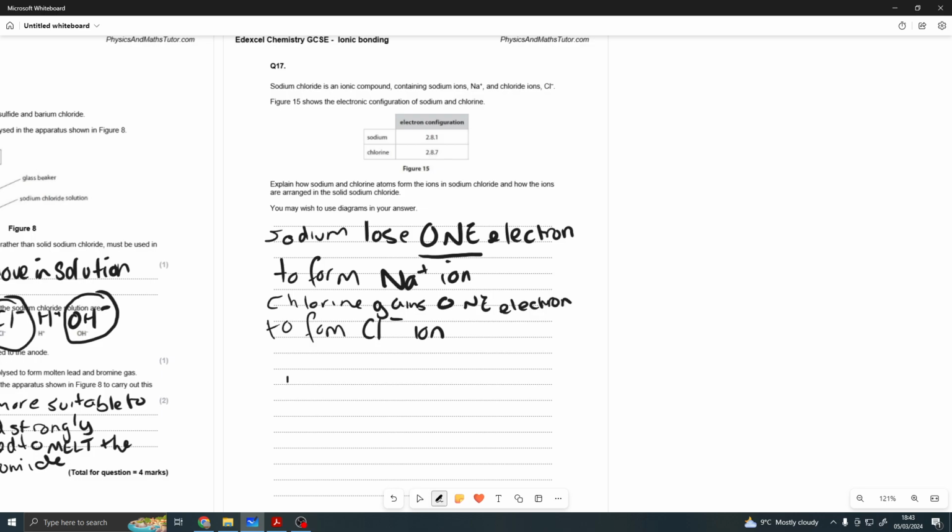Now, Na plus ions attract Cl minus ions because opposite charges attract.